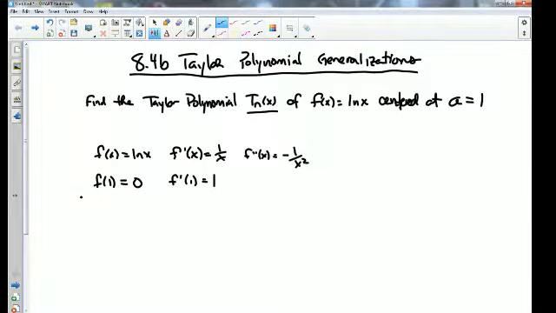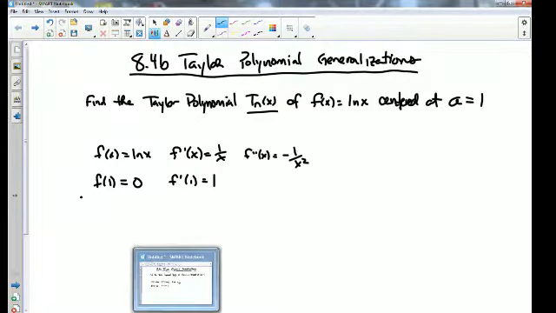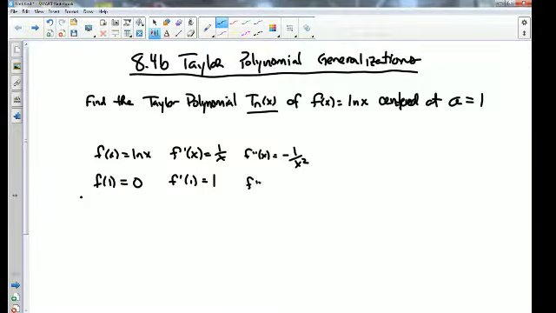Have you got that pattern down yet? We get 1 over x, then negative 1 over x squared, then 2 over x cubed will be the next one. Negative 1. This might be far enough. That would be 2 over x cubed, right?